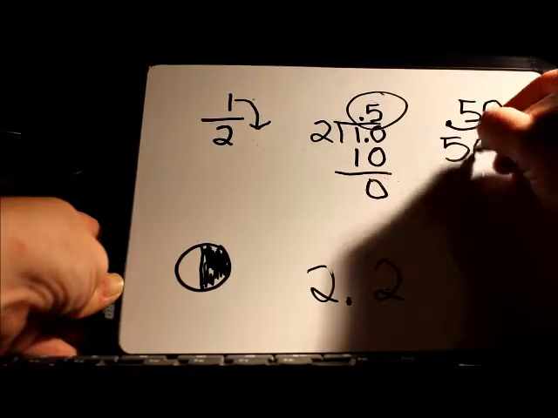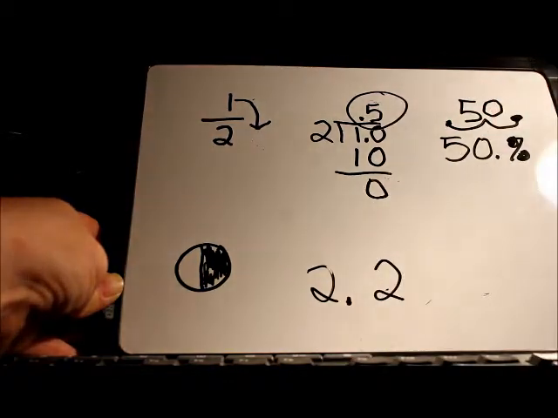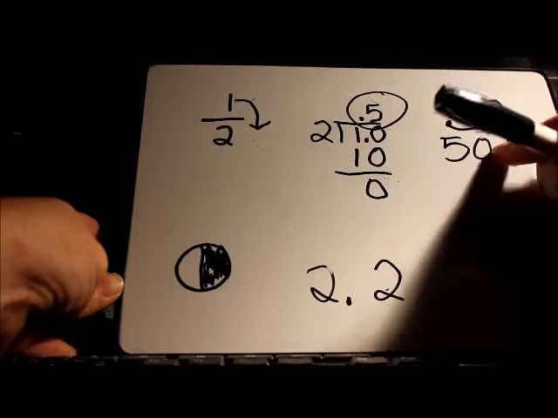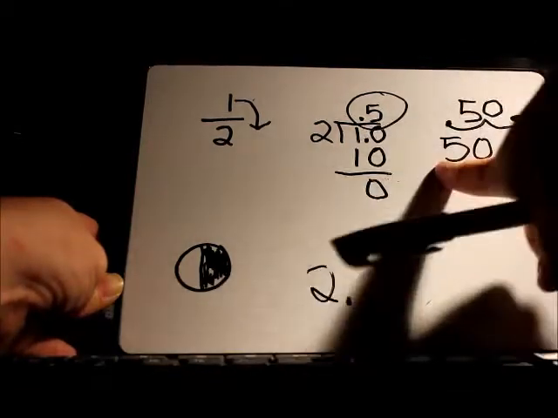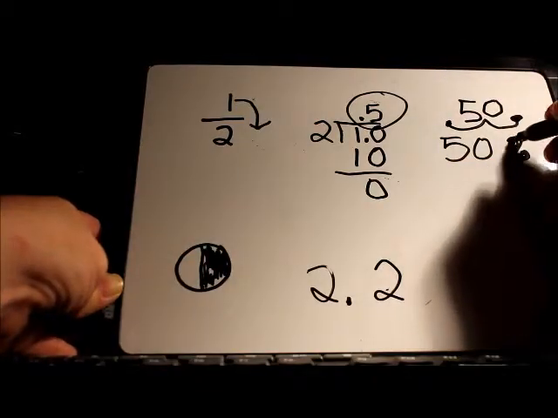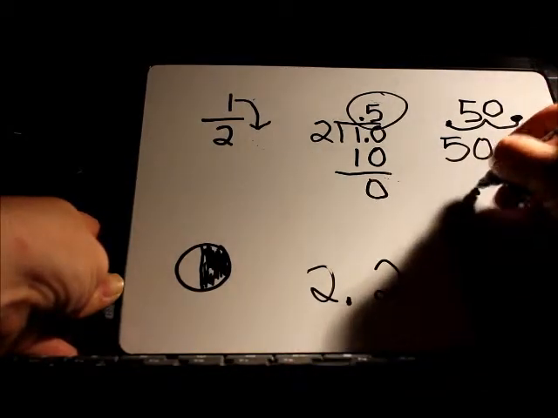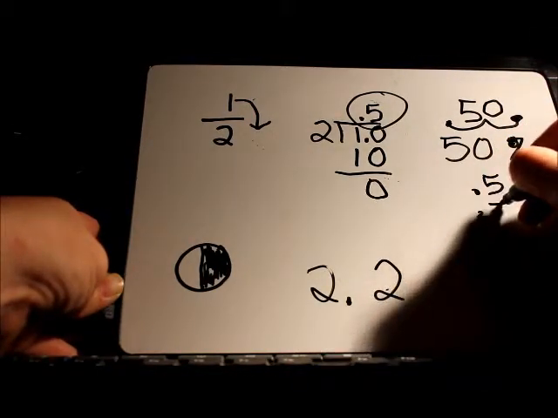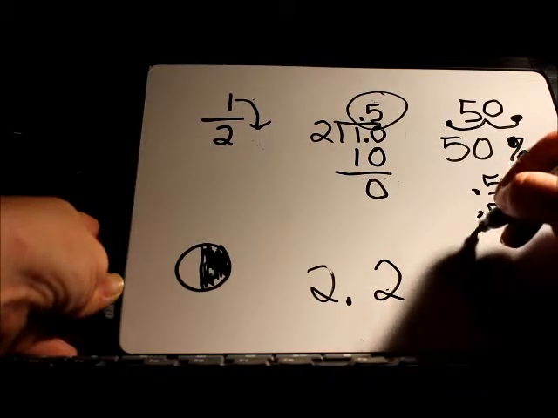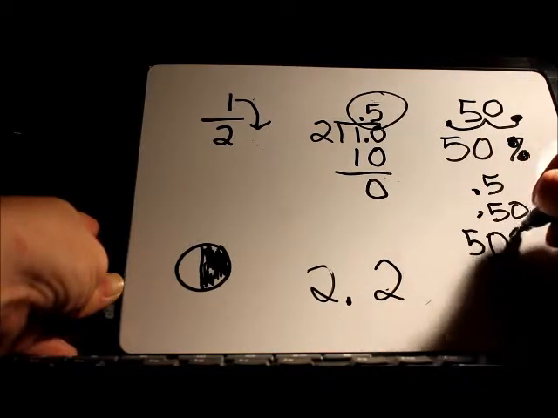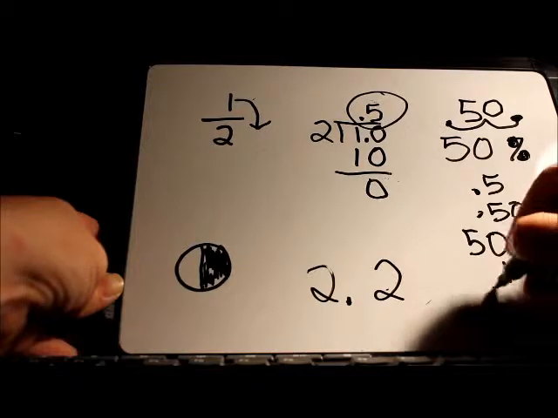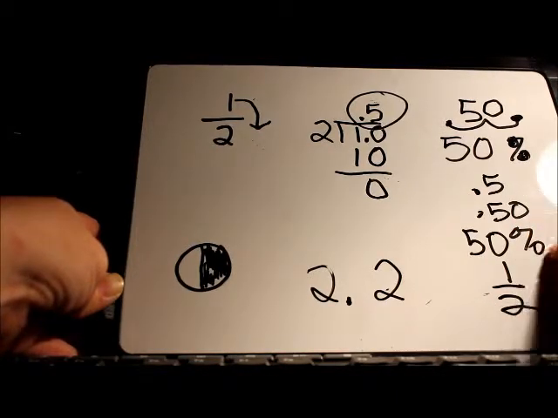So we have 50%. We're going to make it disappear because we don't need it. Remember, 1, 2 tells you to move it 2 spaces. So 0.5, 0.50, 50%, and 1 over 2 all are the same number, just represented differently.